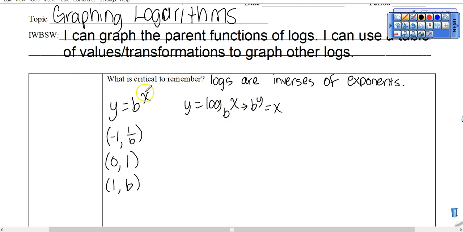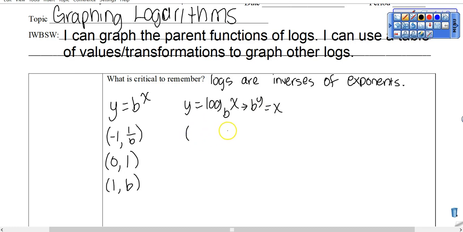So do you see what happened? The x's and y's switched. So in this case, I'd be picking values for y instead of values for x. Doesn't that make sense?